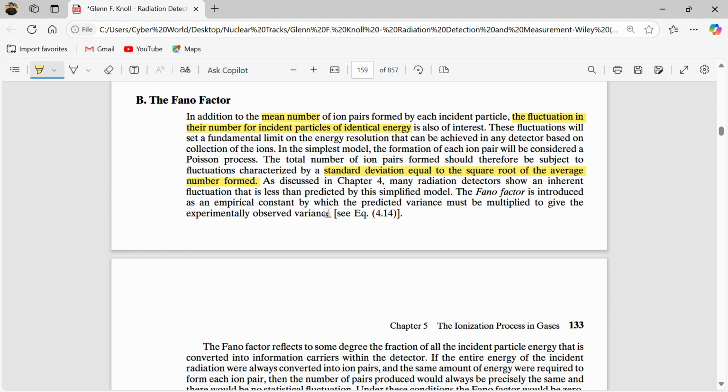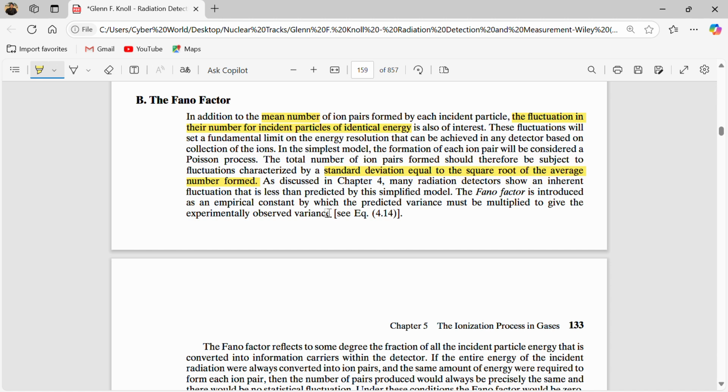We already discussed in chapter number 4, in the previous chapter, that many radiation detectors show an inherent fluctuation that is less than that predicted by the simplified model. So we already discussed this in previous lectures.